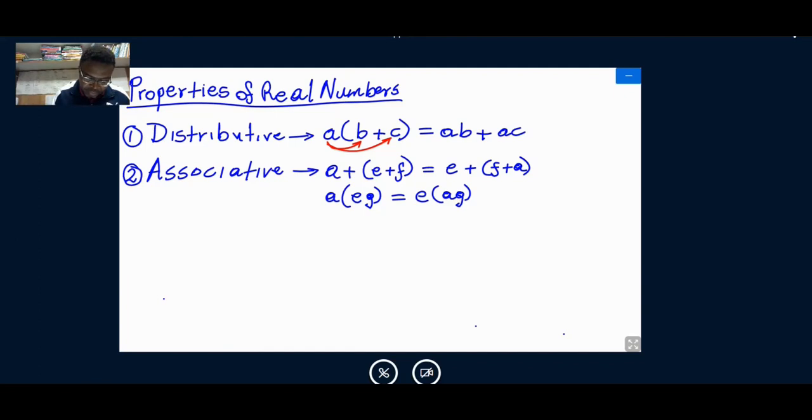Number 3. We are talking about a commutative property.